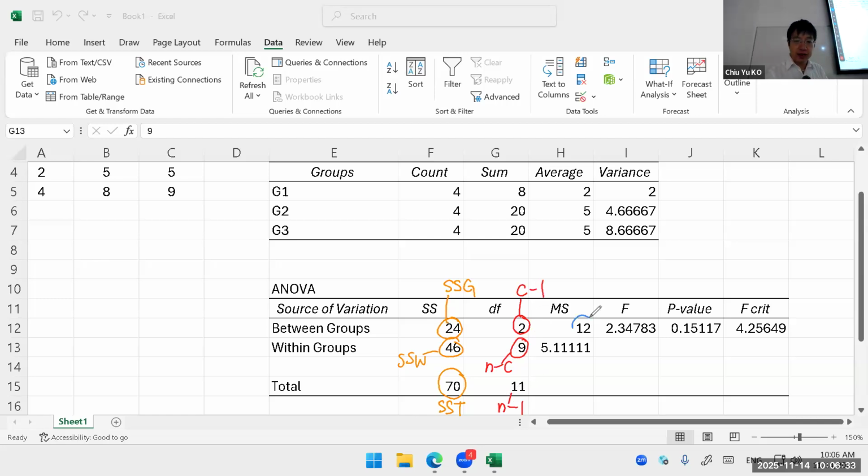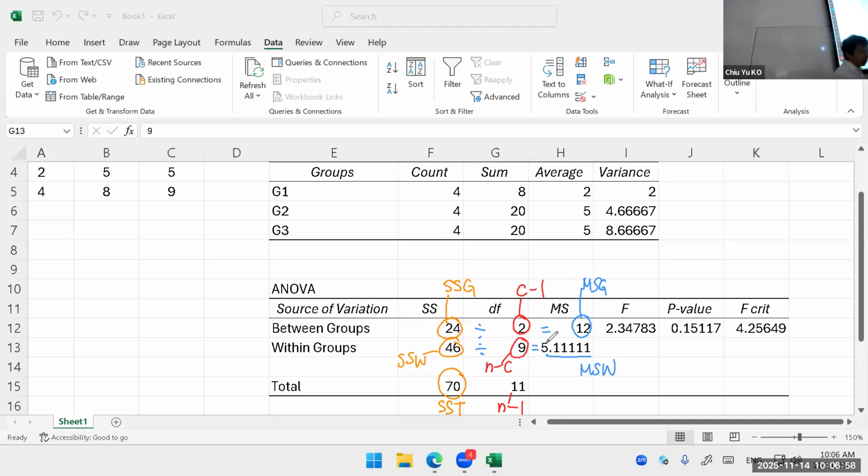If you still look at your slide, this is MSG, right? And this is MSW. Okay. How do you get this number, right? You divide this, it gives you this, right? You divide this, it gives you this, okay? So you have the MSG and MSW.